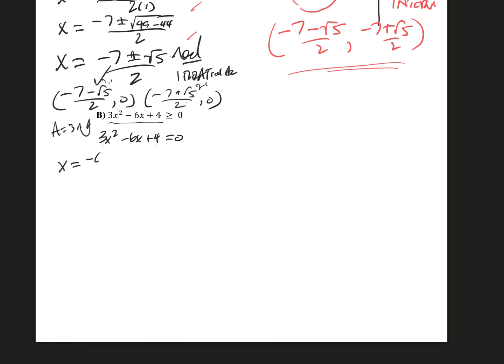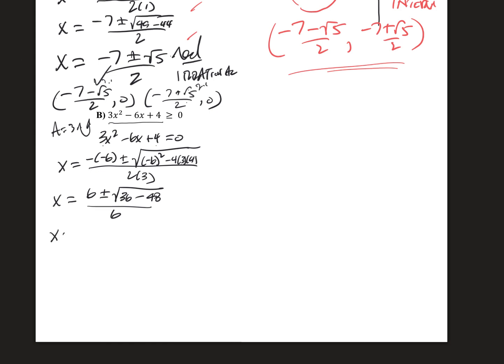So negative b plus or minus the square root of b squared minus 4 times a times c, and this is all divided by 2 times a. So cleaning this up, we have x equals 6 plus or minus the square root of, negative 6 squared is 36, 4 times 3 is 12, times another 4 is 48, and then over 6.